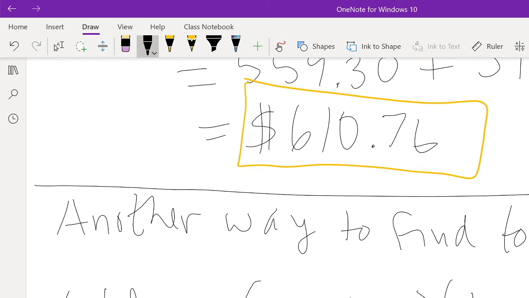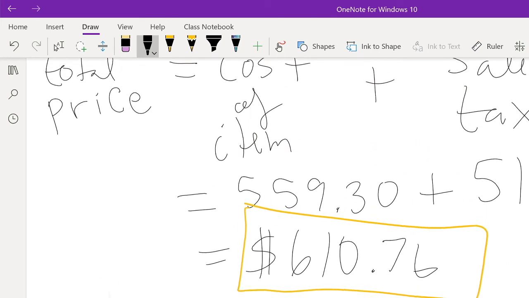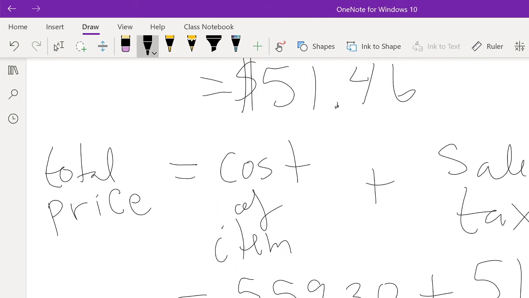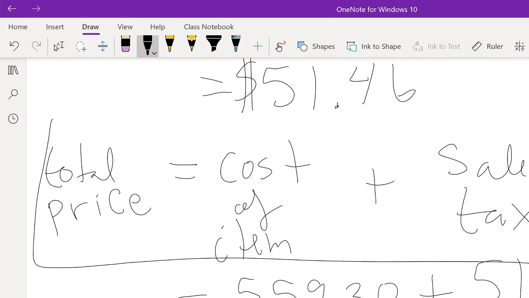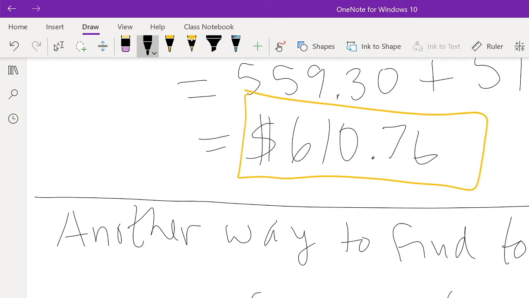Well, as it turns out, this is actually the equation up here, cost of item plus sales tax, but in multiplication form. The cost of the item is represented by that one, remember, cost of item, 100% of it. That is 100% of the cost, and then the tax added to that is the 0.092.